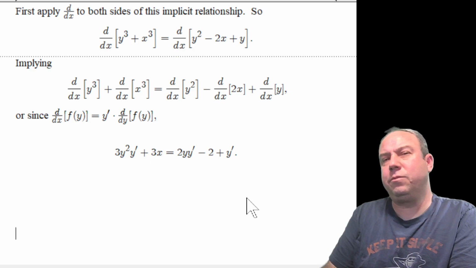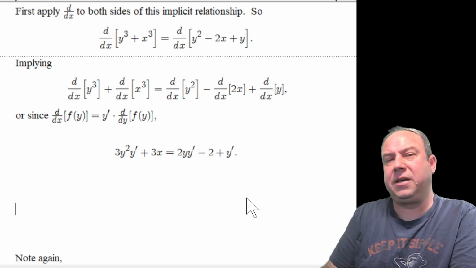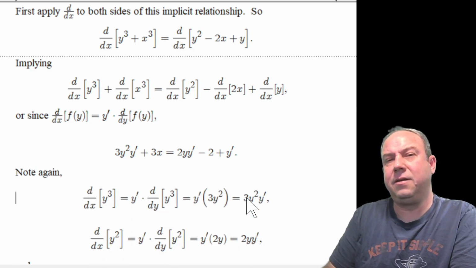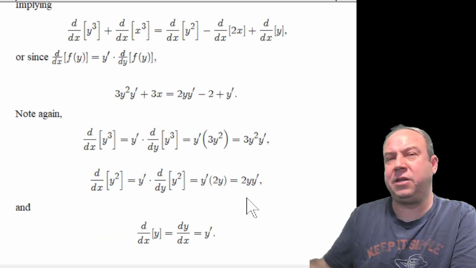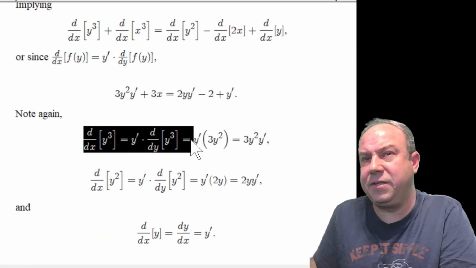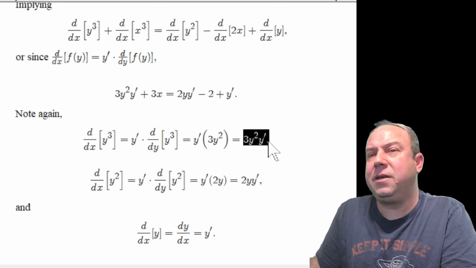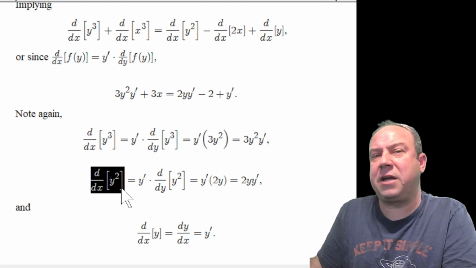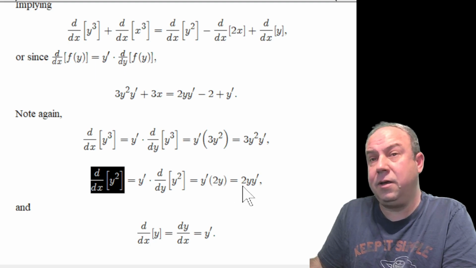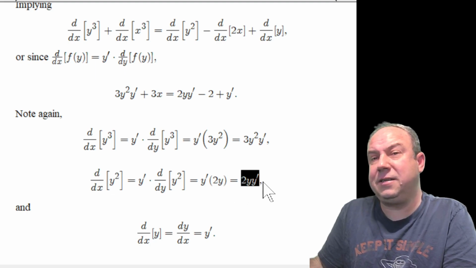I do note this is all because I work through each of those individual implicit derivatives. The derivative with respect to y cubed is this. The derivative with respect to y squared is this.